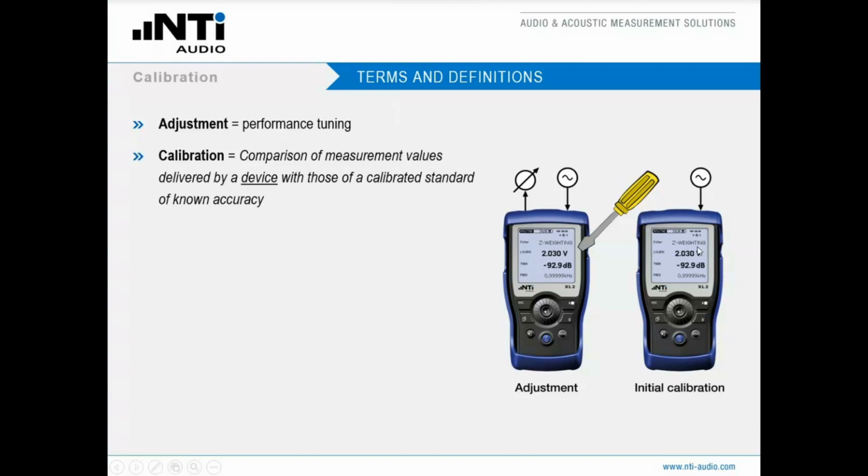There is no adjustment involved. However, when you send an instrument to us for factory calibration, then we will do both. We will adjust the instrument and calibrate it. I will come back to that procedure later. The calibration by an accredited lab is executed without the adjustment. So here with an accredited lab, we will also get this part of the procedure.